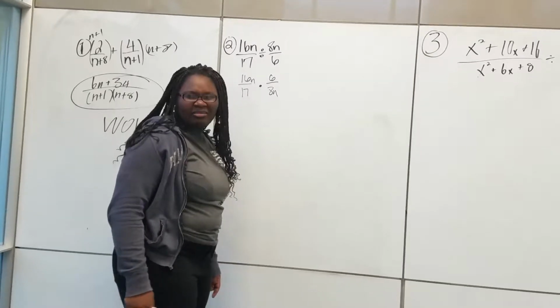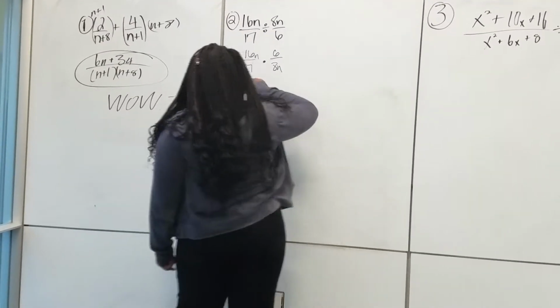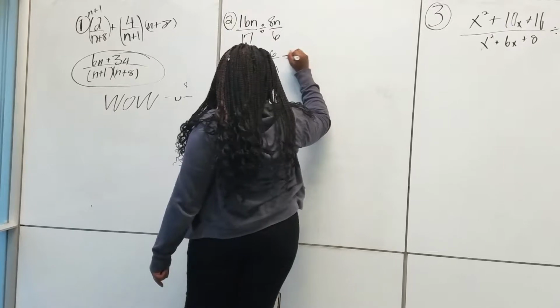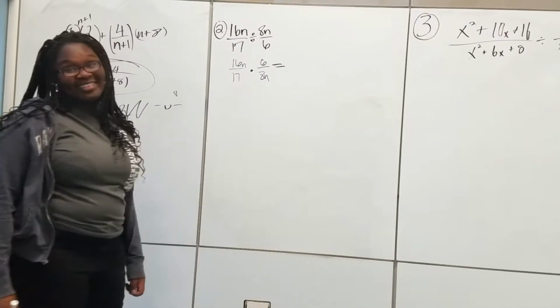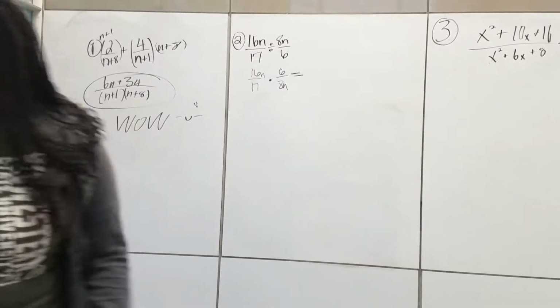Am I correct? Okay. So 16n times 6 is, what's 16 times 6? The calculator's right there.